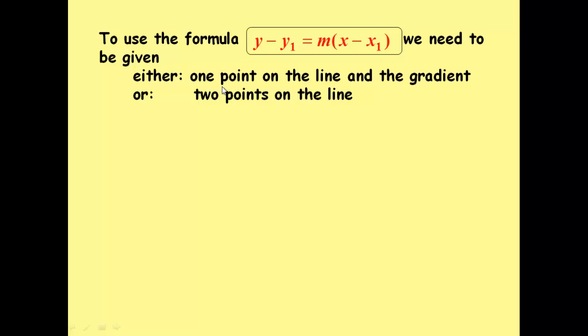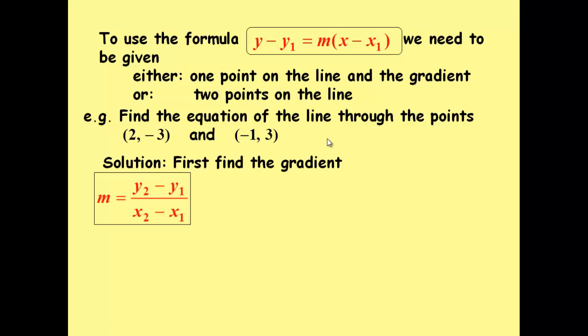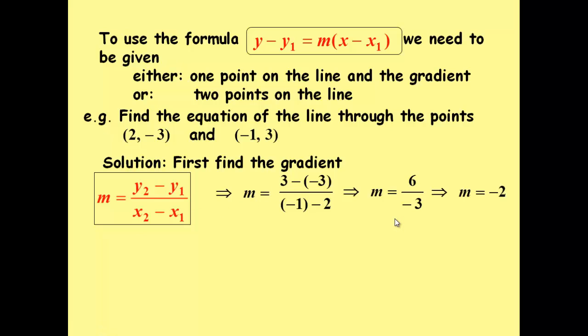So to use the formula, we either need 1 point and the gradient or 2 points on the line. Given 2 points, we find the gradient first using the formula we learnt last lesson, like so. We get a gradient of -2.